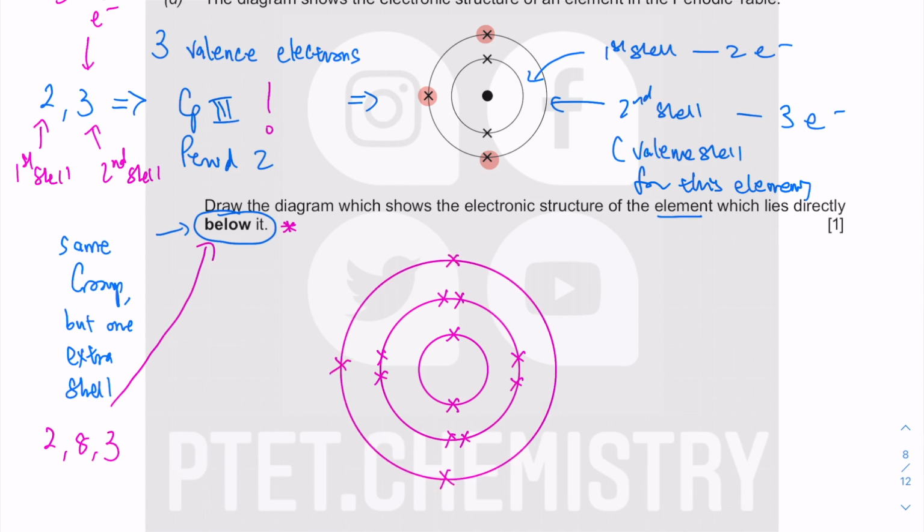Why? Because it is the same group, directly below, meaning you have 3 outer shell electrons because it is group 3 as well. But you have 1 extra shell. Here you fill up to the second shell, here you fill up to the third shell.